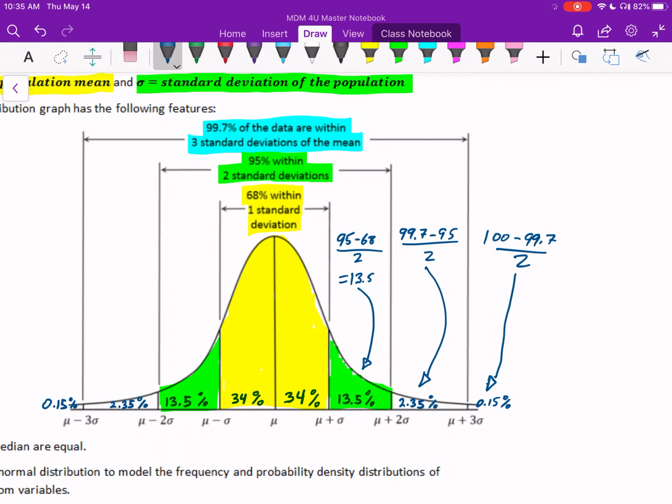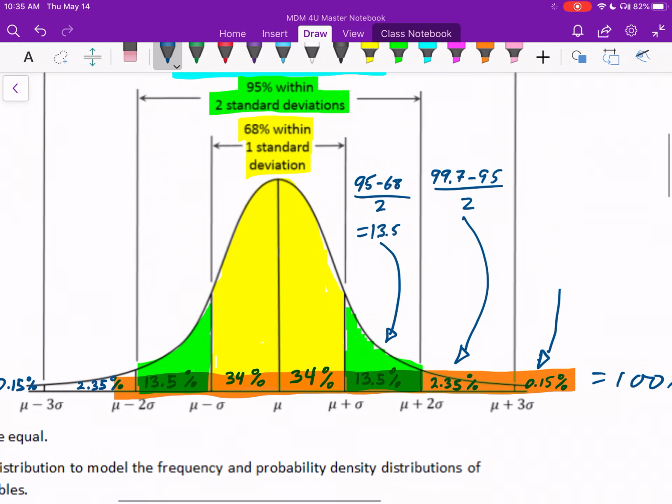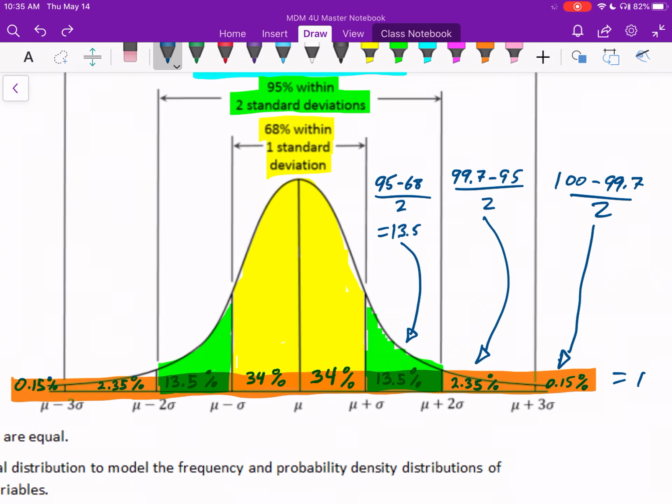If we add all of these up, that would of course equal 100%. Okay, so that is understanding the normal distribution and the way that the probabilities play out.